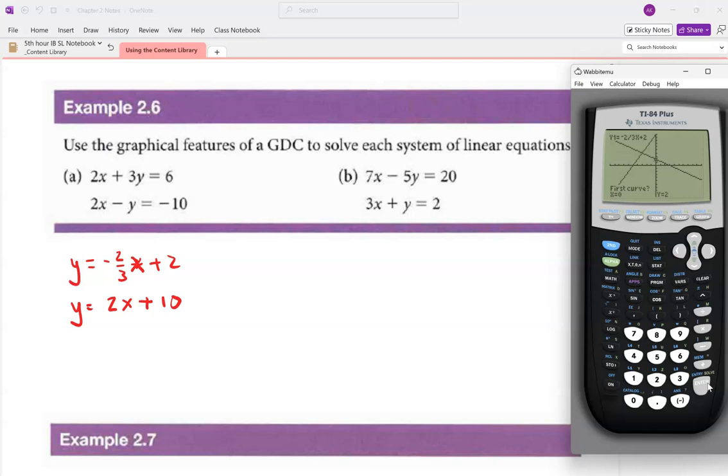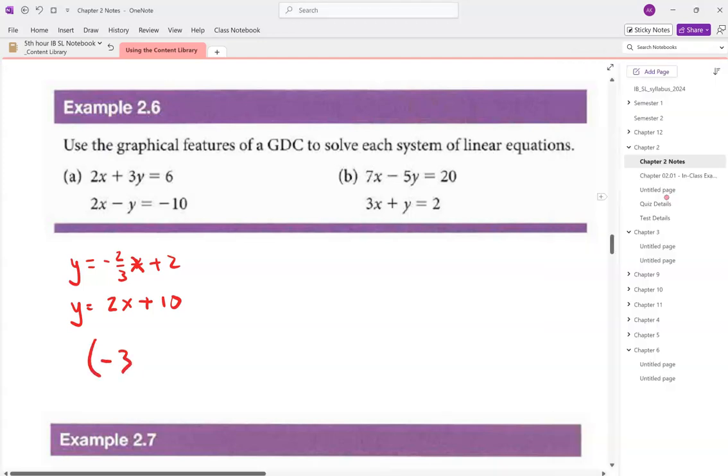How many times are they going to intersect? Once. So all these parameters that it's asking me for don't really matter. I'm just going to press enter 3 times and it'll spit out my answer here at the bottom, (-3, 4). So far so good.